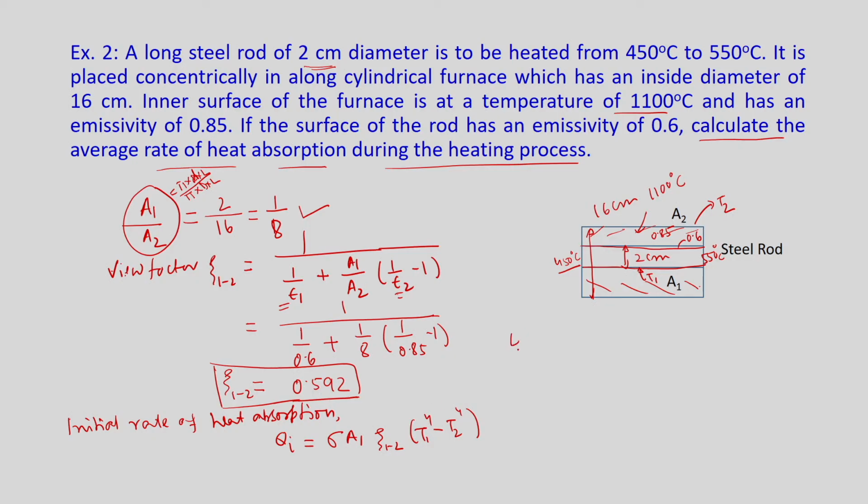So, 450 plus 273 will be 723 Kelvin, right, and T2 is 1100 plus 273, because the radiation exchange will be initially from this temperature to this furnace temperature.